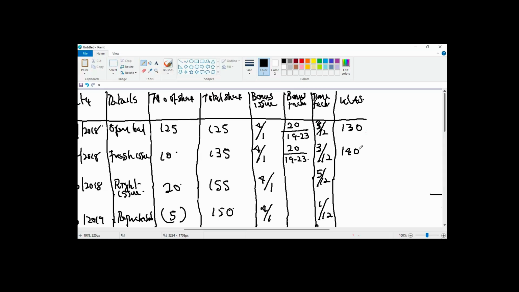I hope you are not using that other calculator. The third one is 258. Yes, sir.